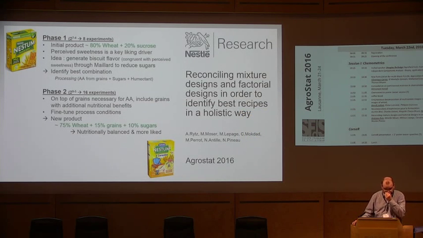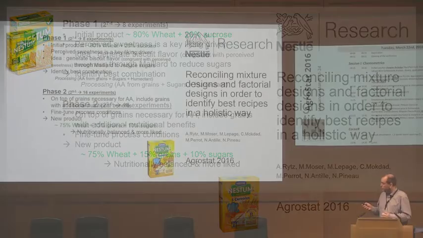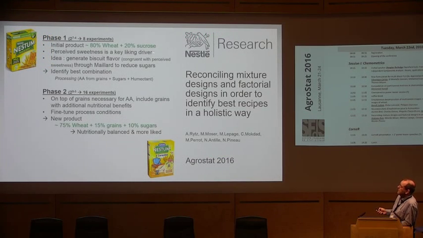So to conclude, what we tried to do is to start from this basic product that was, again, very simplified, 80% of wheat, 20% of sucrose. We knew that perceived sweetness is a key liking driver. Our idea was to generate biscuity flavor, which is very congruent with perceived sweetness, through Maillard reaction to reduce sugars.